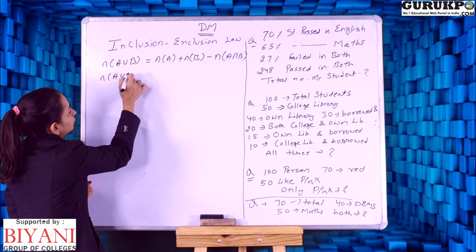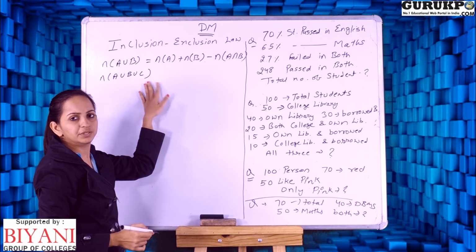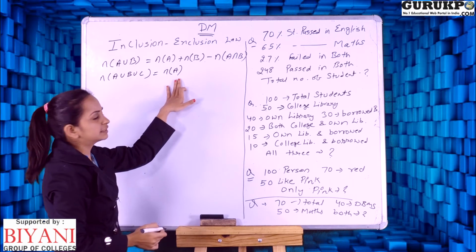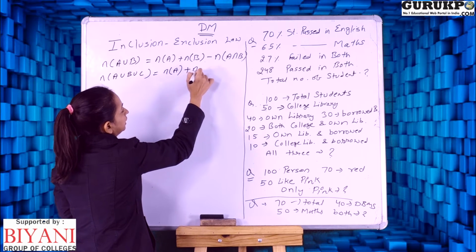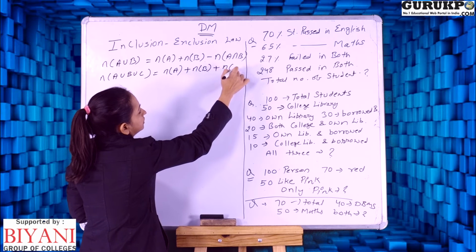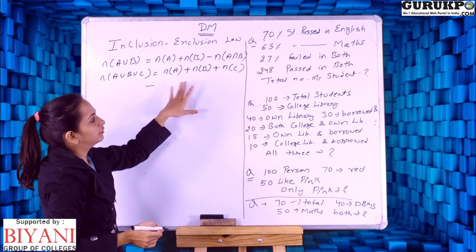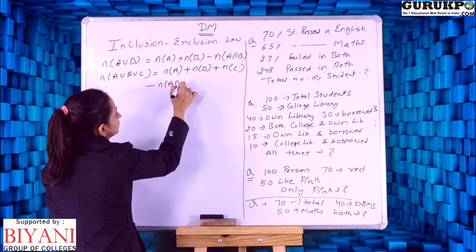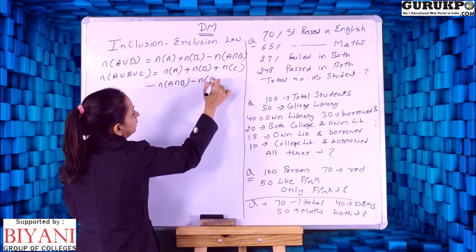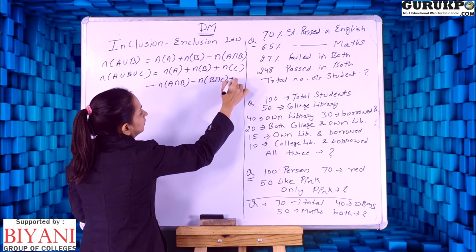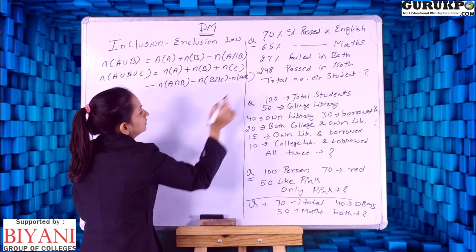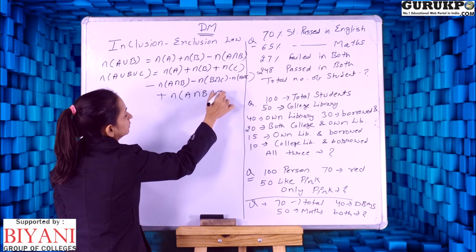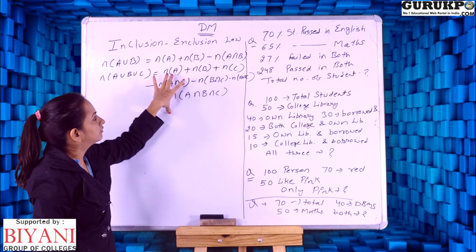For example, if I want to find the number of elements in A union B union C, what will I do? I will add the number of elements in the single sets, that is n of A plus n of B plus n of C. Then I will subtract the common elements between two sets, for example, n of A intersection B minus n of B intersection C minus n of A intersection C. And then I will add the third term, that will be n of A intersection B intersection C. Look at the pattern in the formula.